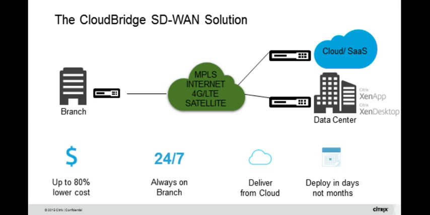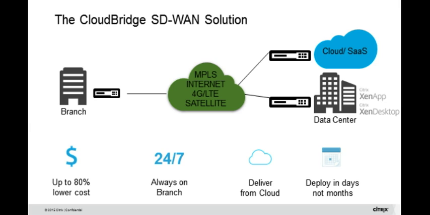So now we'll wrap things up very quickly and then transition over to take questions. But a few parting thoughts about the CloudBridge software-defined WAN solution. First and foremost, it can save you significantly.